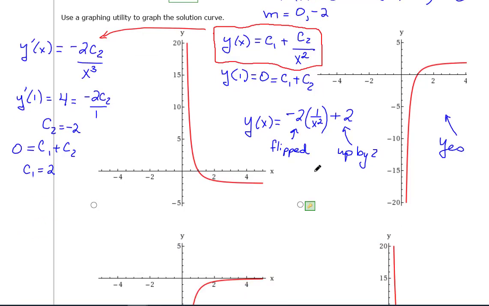So if you remember, 1 over x squared is like a volcano here, but it's flipped over, so it's upside down, and then popped up. And that's what's going on here. We have negative 2 over x squared, shifted up by 2. There is no left-hand side because we're solving this for x greater than 0.